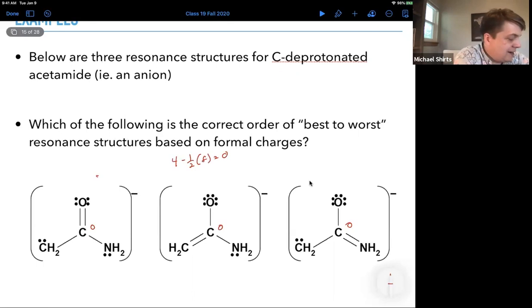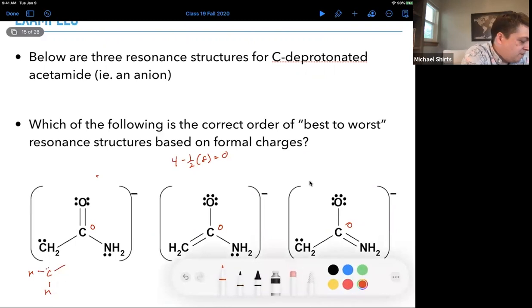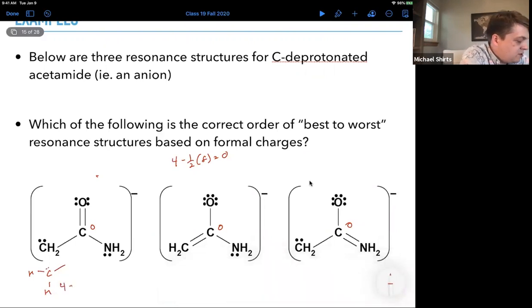Here we've got a C with 2 H's, which just means carbon bonded to 2 hydrogens with single bonds. That's what it looks like if we draw it out more explicitly. This has 4 valence electrons, and then we have 2 lone pair electrons, and then 1/2 of 6 electrons in bonds.